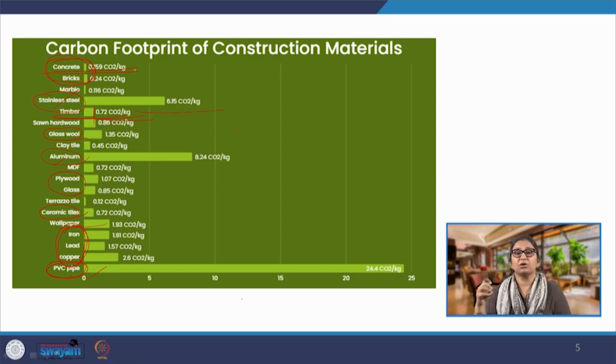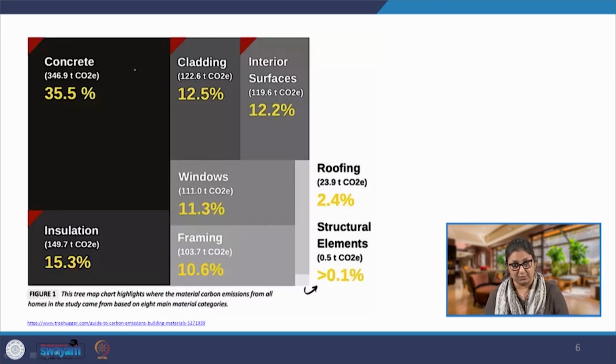Cement is the primary contributor to the emission associated with concrete. Now, this is an overview of the carbon footprint of different construction materials, and we can make a judicious choice of which material to use and what options are available to us.